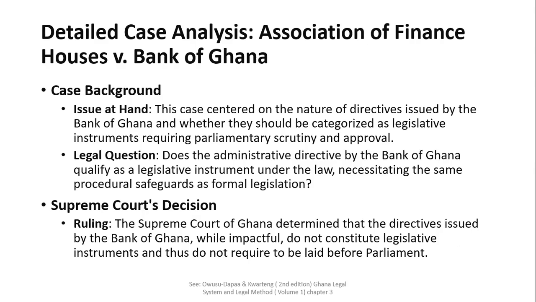And it is within that context that we would like to analyze the case of Association of Finance Houses against Bank of Ghana. If you look at our book, we have discussed that extensively. What happened in the case? The case centered essentially on the nature of directives which the Bank of Ghana had issued. A question arose as to whether the directive should be categorized as a legislative instrument.